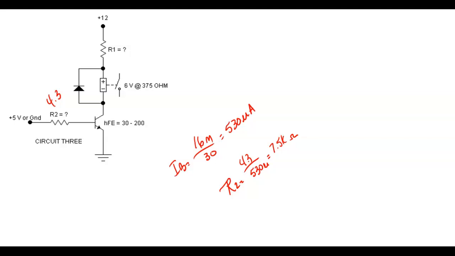So that diode there, D1, is called a counter EMF diode or flyback diode, and it's just to get rid of that counter EMF that's generated when the coil collapses, right?